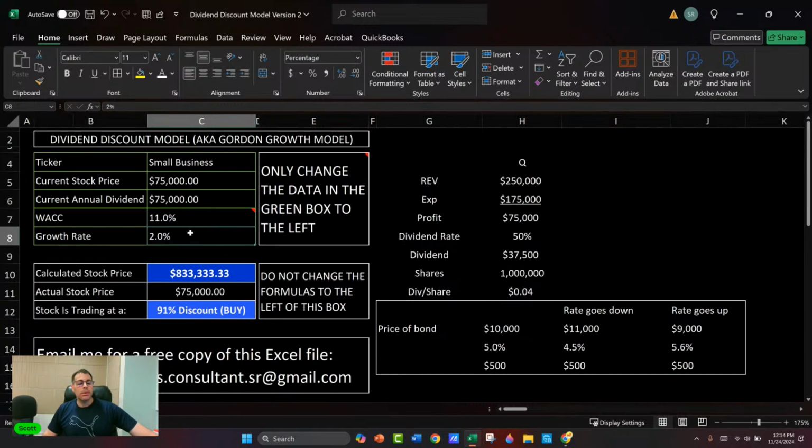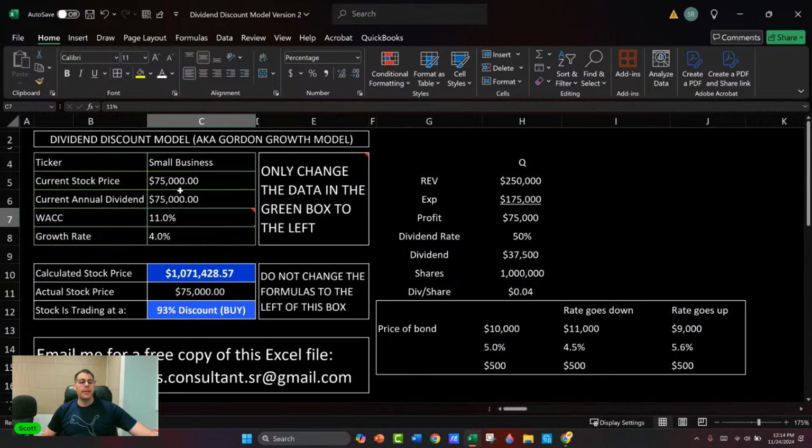Now, what's the growth rate for your business? Maybe inflation, maybe like 4%. So now it says your company's worth $1.1 million. Which, if you think about it, is like a stock that was paying you 100% dividend, because that's what this is saying.